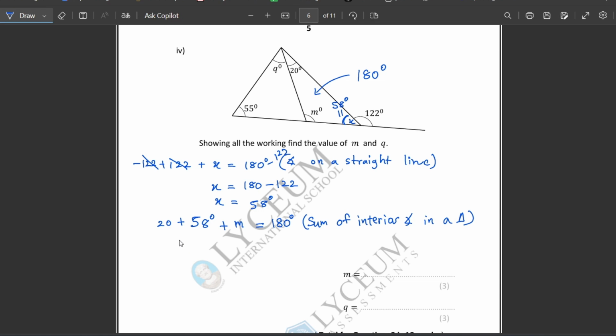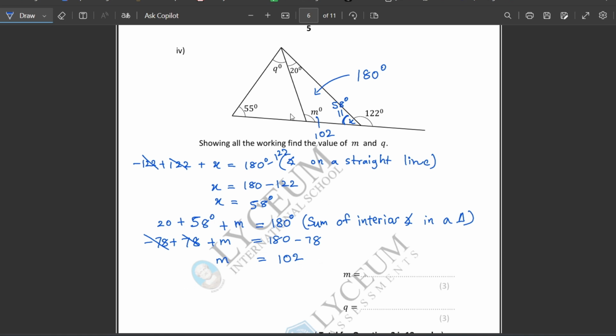So now this is 78 plus M equals 180. We can get rid of this 78 by subtracting 78 from both sides. These two cancel out. We get M as 102. Okay, so now this value is 102.